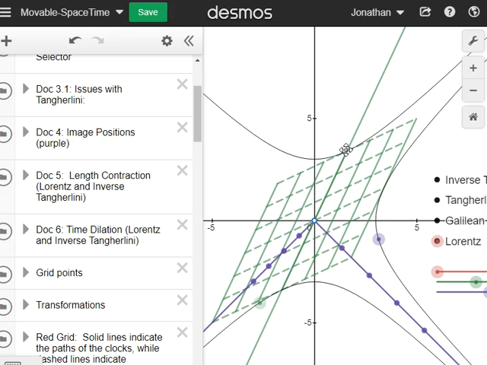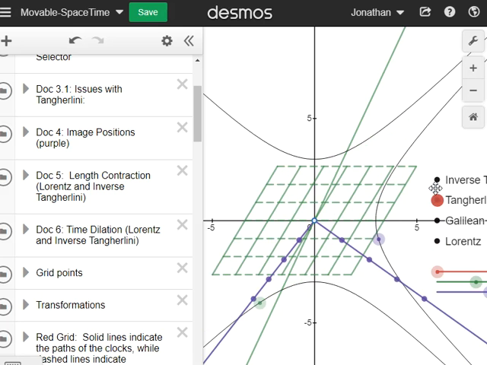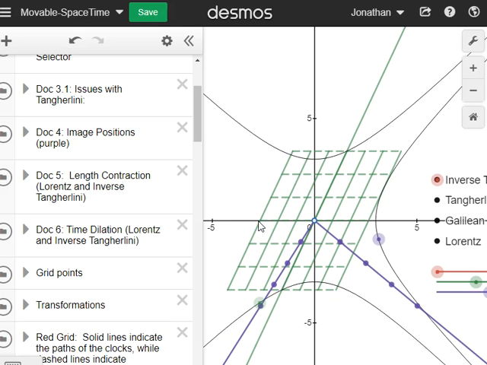Another thing you can notice is that the Lorentz contraction, the space between this event and this event, is the same for the Lorentz transformation as for the inverse Tangerlini. You get the distance between this event and this event.